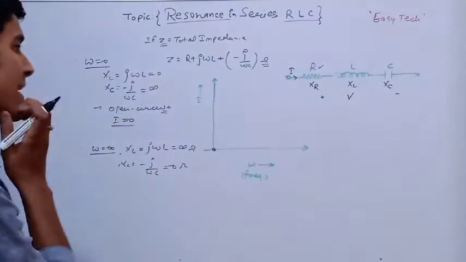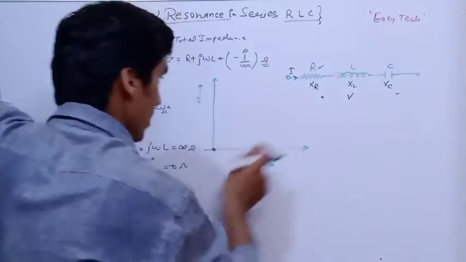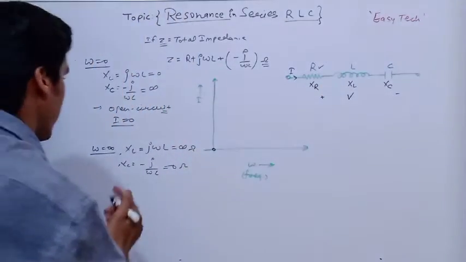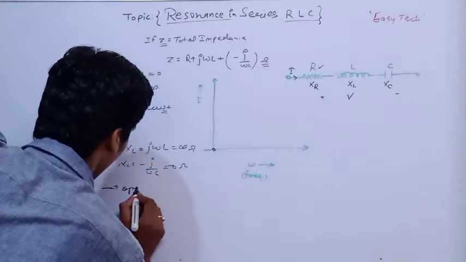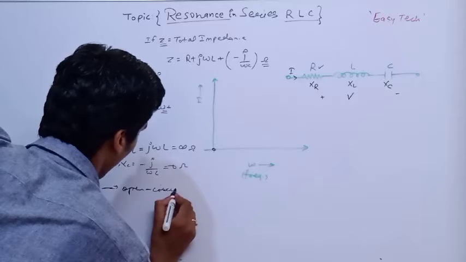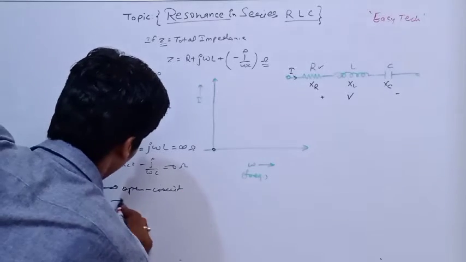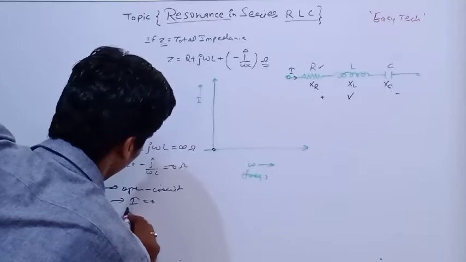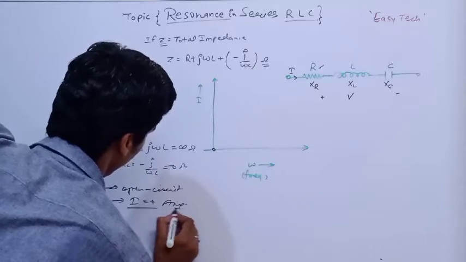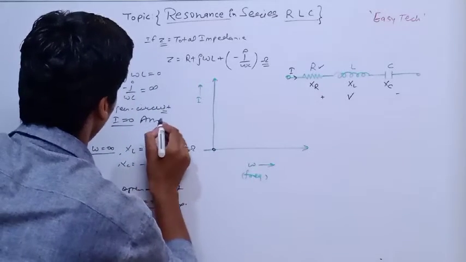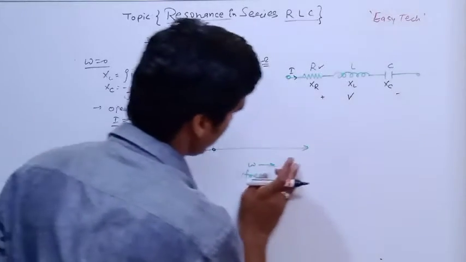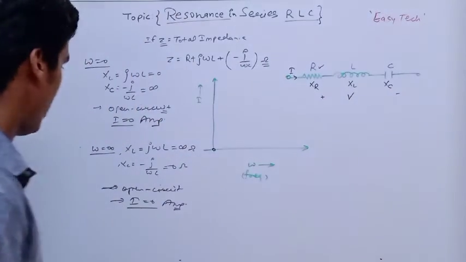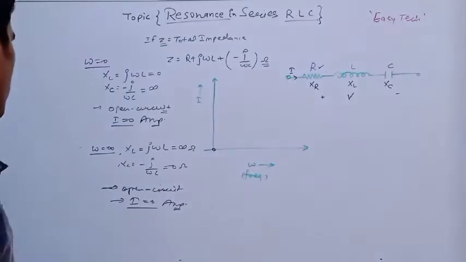That means your XC will behave like a short circuit and your XL will behave like an open circuit. So the total equivalent circuit will again be an open circuit. So again in that case your I value should be equivalent to 0 ampere. That means if I increase omega to infinite, then I will become 0.